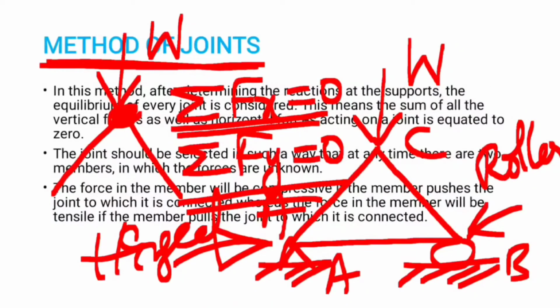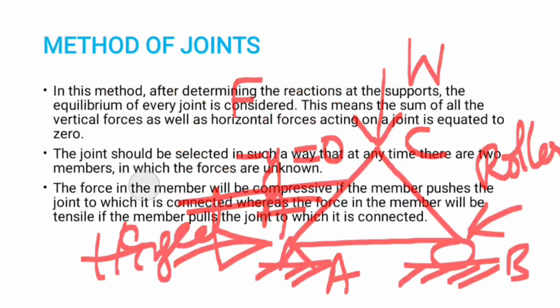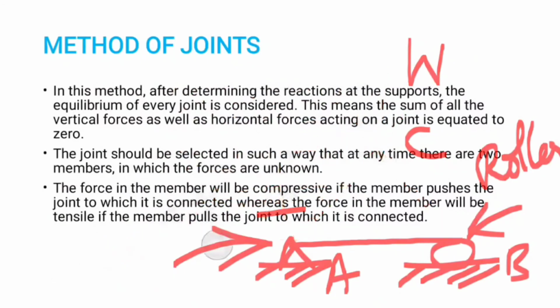And sigma Fy tells you that the sum of vertical forces acting on a joint equals 0. By equating to 0, we determine the forces in the members. I hope the first point about the method of joints is clear.